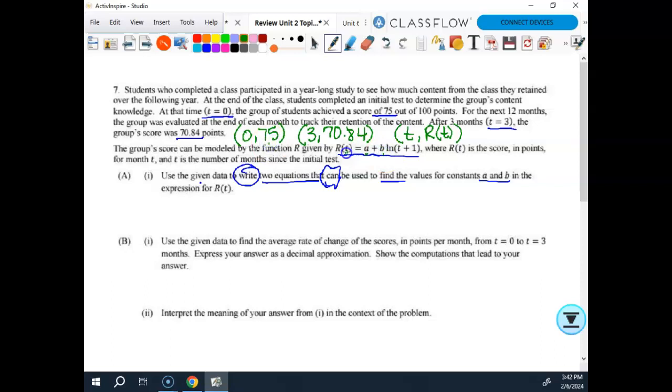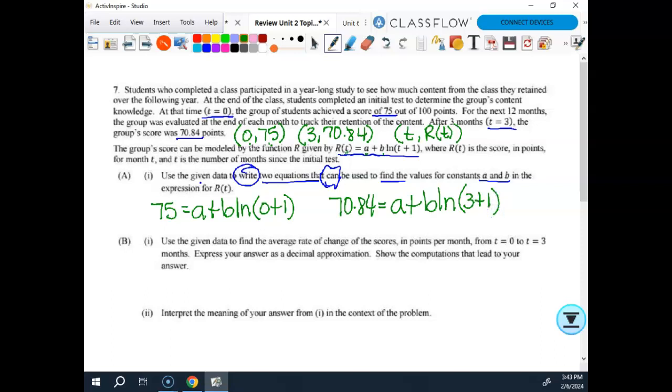So I'm going to use my ordered pairs. R of t, if I use 75, that's going to be a plus b times the natural log of, and if I use 75, I have to use for t 0 plus 1. And my other one would be 70.84 equals a plus b times the natural log of 3 plus 1.